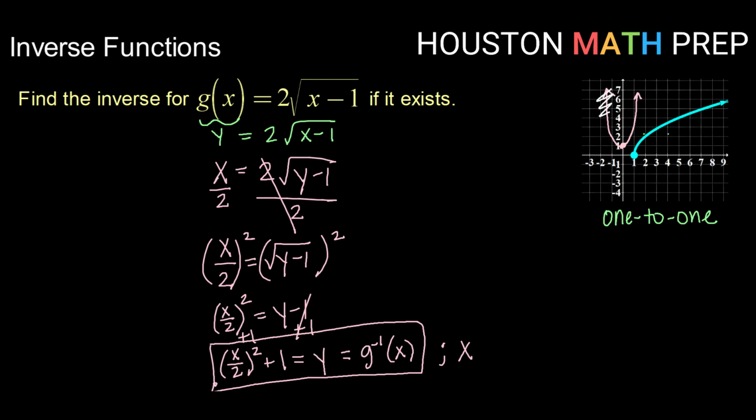So if we kind of imagine cutting off this half, we can achieve that by saying that x needs to be greater than or equal to 0. So we only want the positive half of the parabola so that when we switch x and y to create an inverse, we get this piece of our square root function.